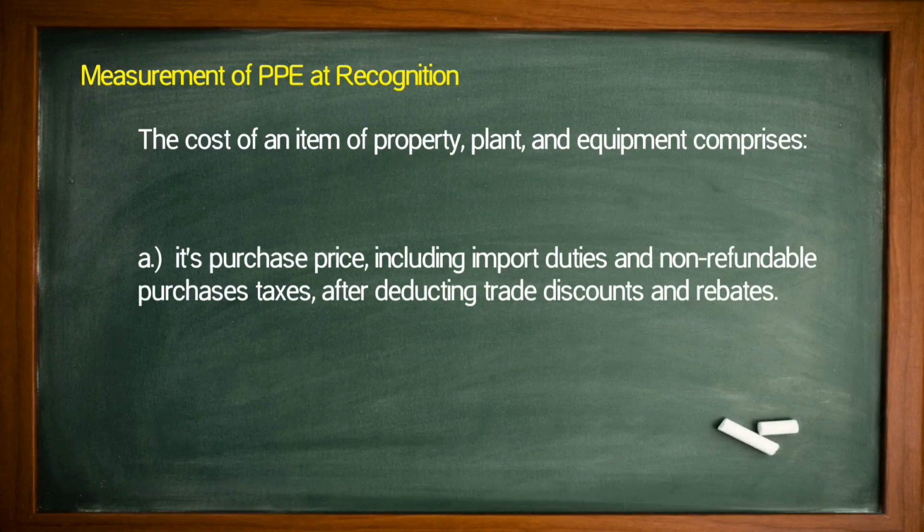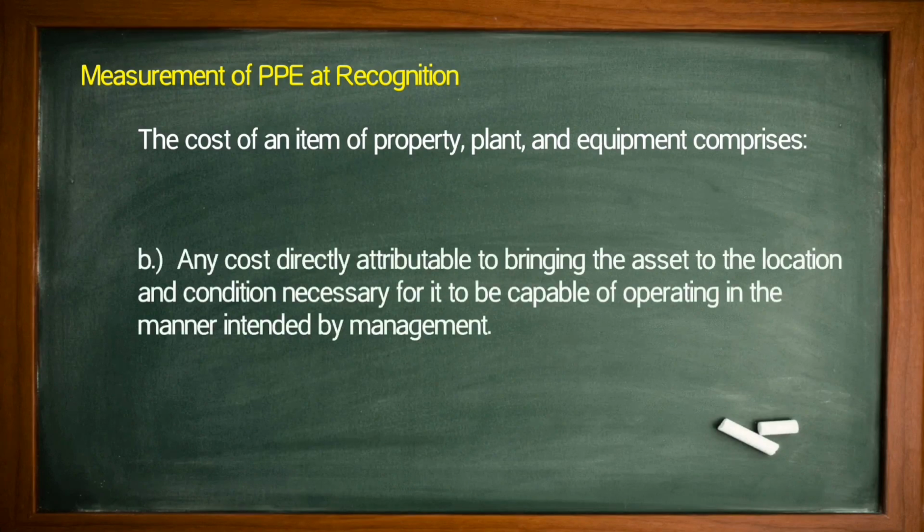Its purchase price, including import duties and non-refundable purchase taxes after deducting trade discounts and rebates. Next is any cost directly attributable to bringing the asset to the location and condition necessary for it to be capable of operating in the manner intended by management.